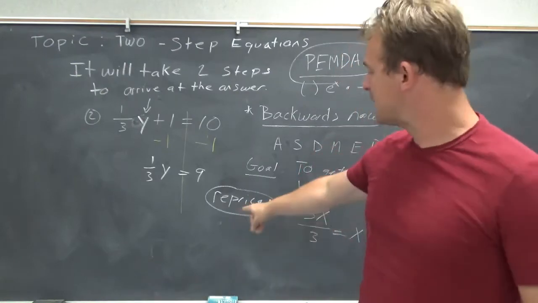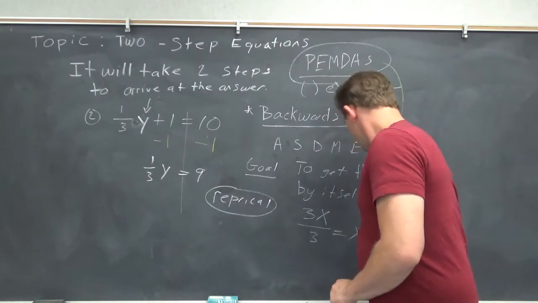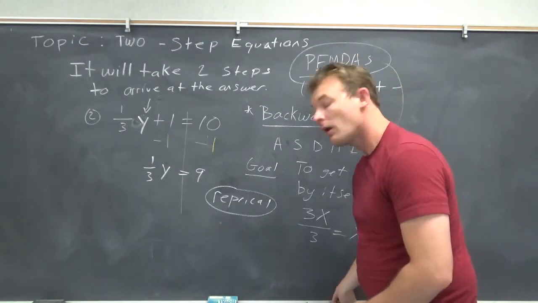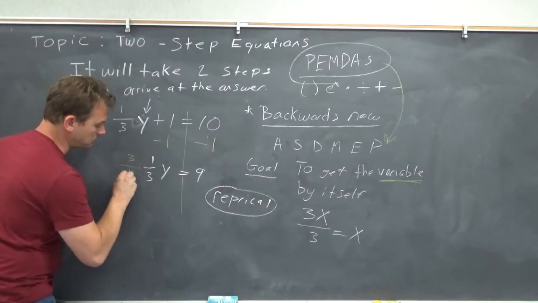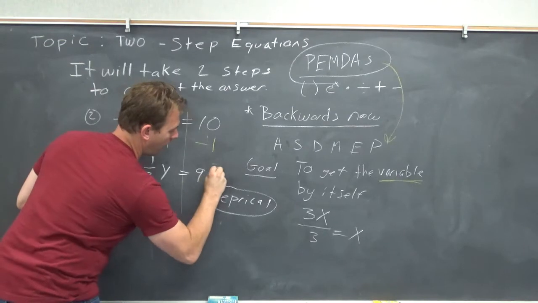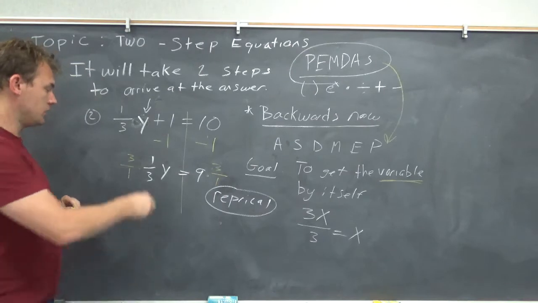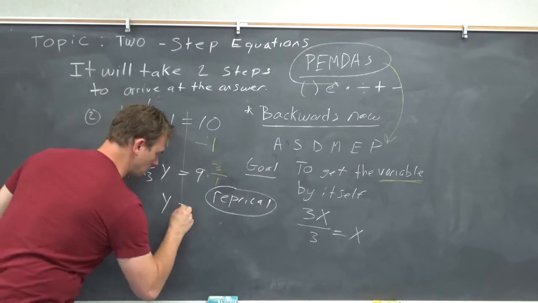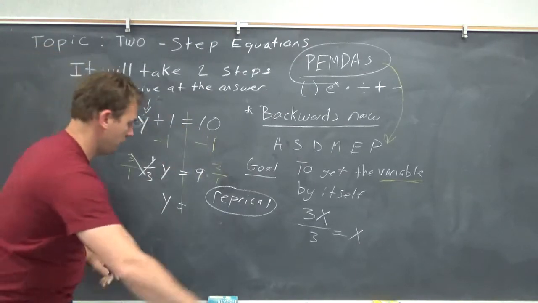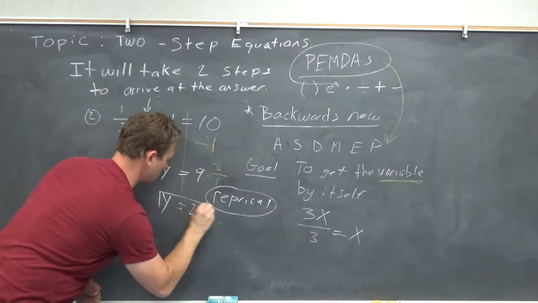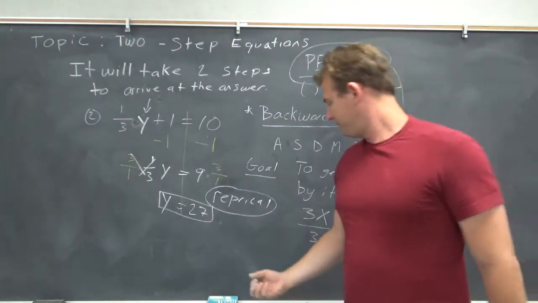So what's the reciprocal of 1/3? Three over 1. So, and what's 9 times 3? Okay.